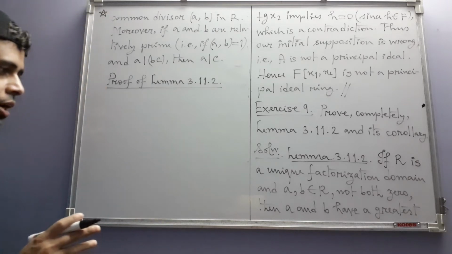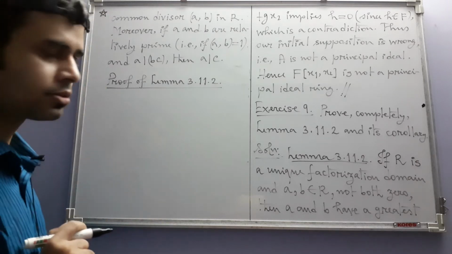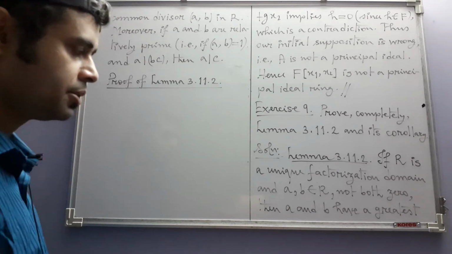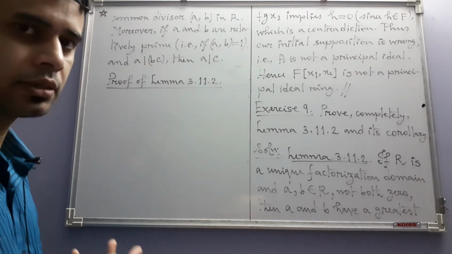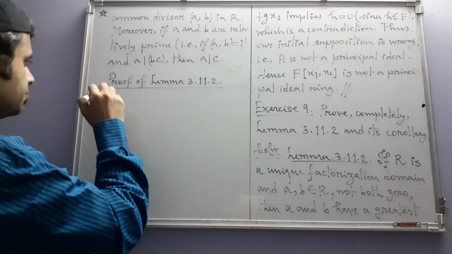So at least one of A or B is non-zero. When one of them is 0, then the situation is particularly simple.